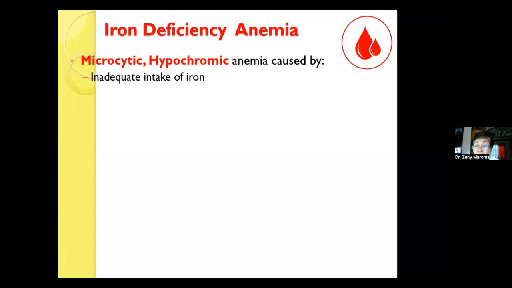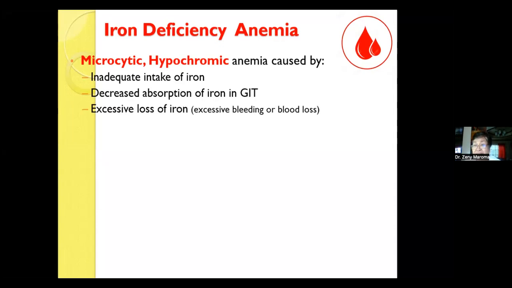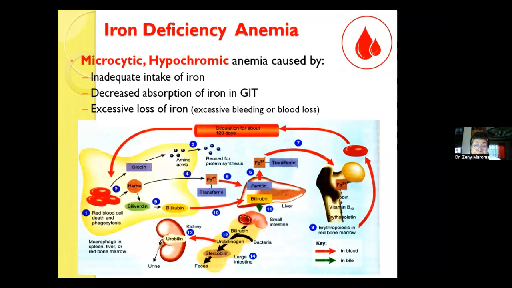Secondary to inadequate intake of iron. So, secondary to malnutrition or decreased absorption of iron in the gastrointestinal tract. Meron pala siyang malabsorption. Or excessive loss of iron. Diba? Nung si patient ay nag-bleed, iron is also lost.